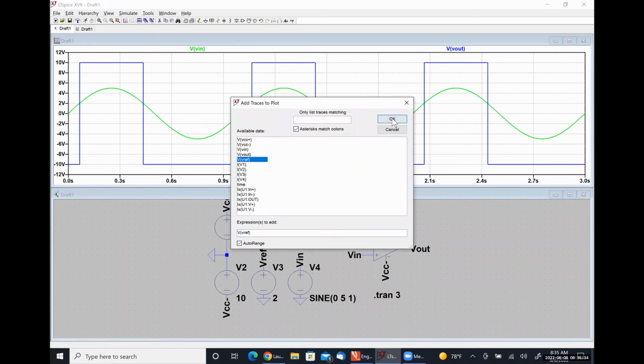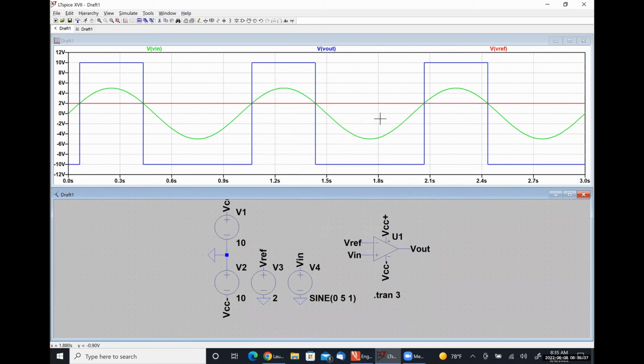I'm going to put V reference to make it very obvious where our reference voltage is. So when Vn, our green curve, is increasing and crosses that red line, the output goes high. And when Vn is decreasing and crosses that red line, our output goes low.